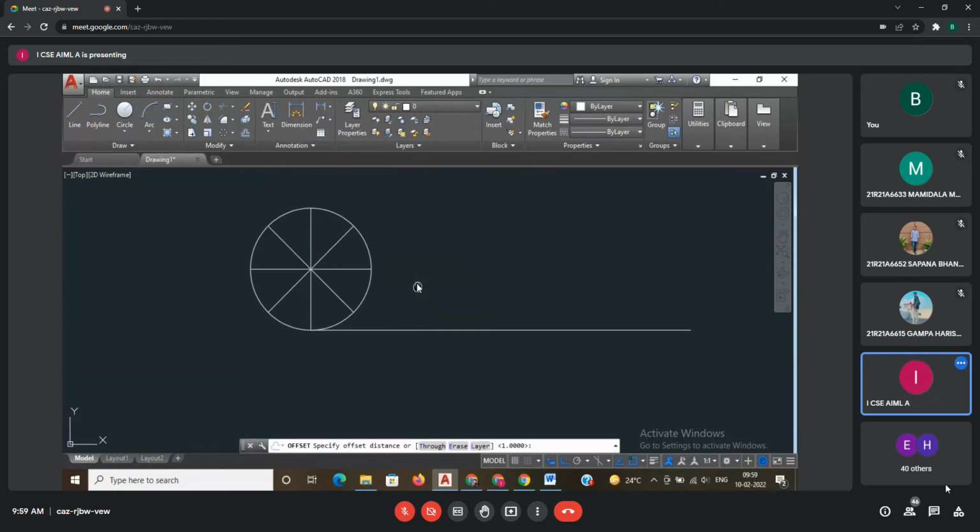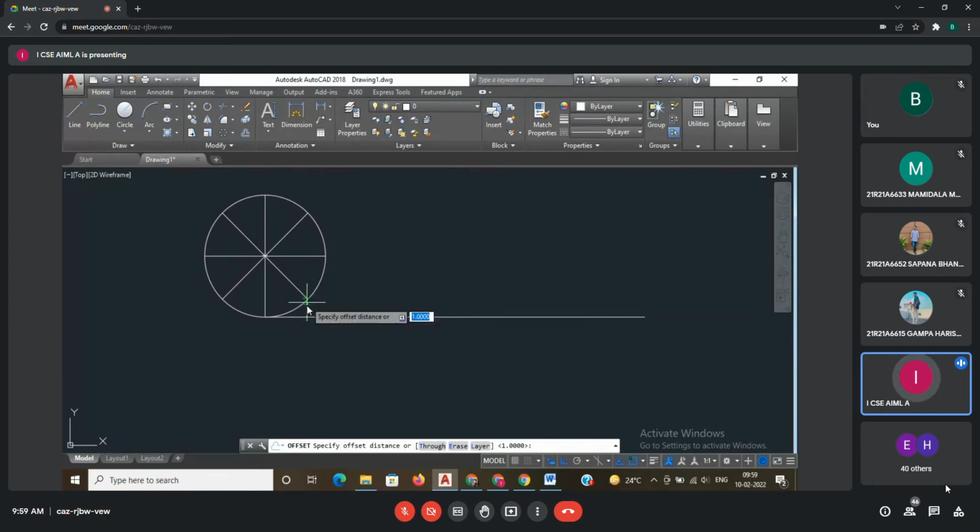Then don't give the offset distance. Why? Because you don't know the distance from this line to this point, from this point to this point. You don't know the distance. That's why don't give the distance after selecting the offset command. Then we have one more option in the command window, command prompt: through.